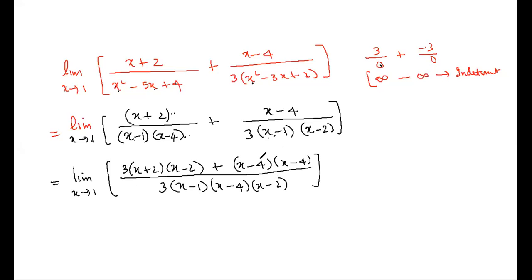Already एक x minus 4 था, फिर एक और x minus 4 बना दिया. Now what you do? Now expand this. 3 into x square minus 4 plus a minus b into x square minus 8x plus 16.